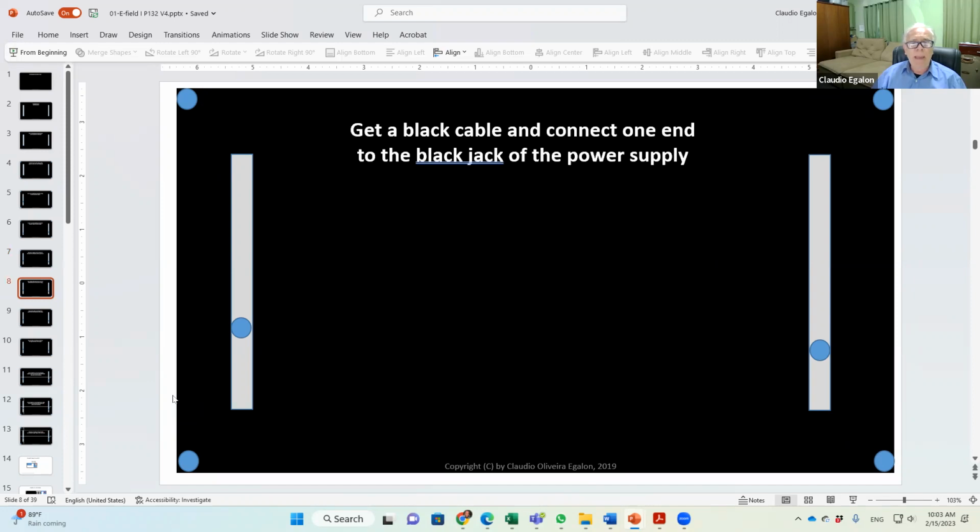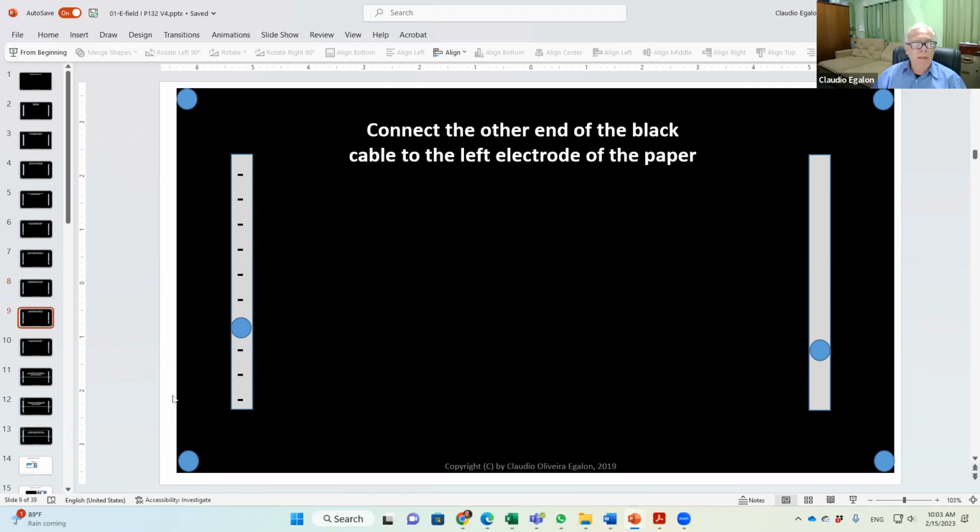Get the black cable and connect one end to the black jack of the power supply. Okay, so here you go. In this experiment, we connected the black jack of the power supply, which, by the way, has negative charges on it. Remember your battery? Let me get my battery here again.